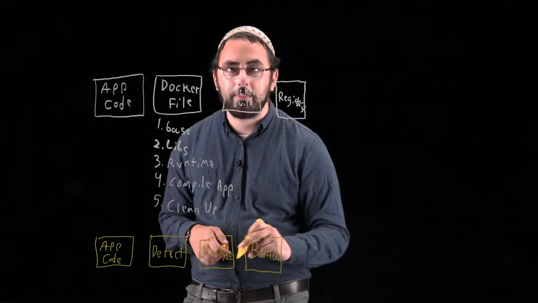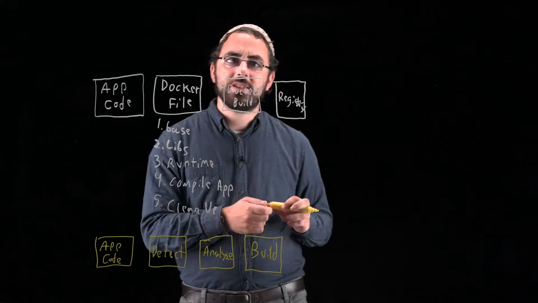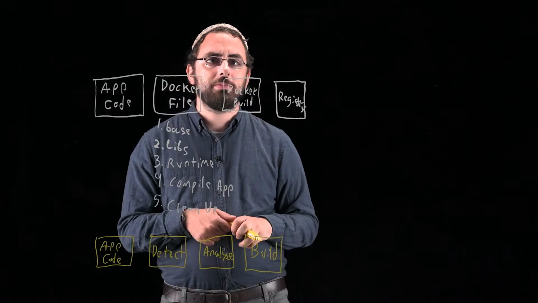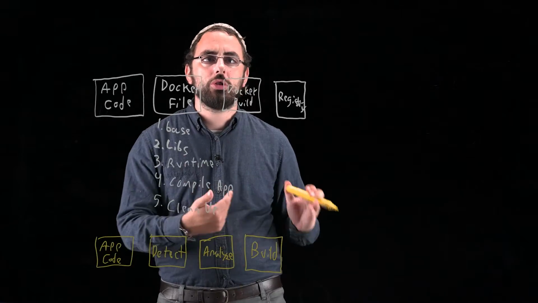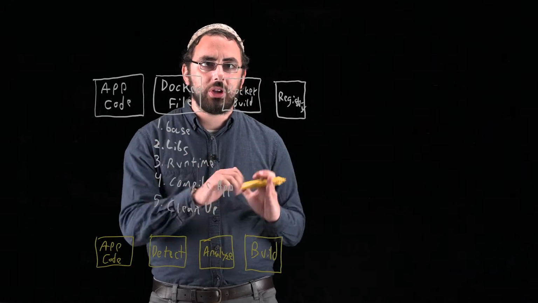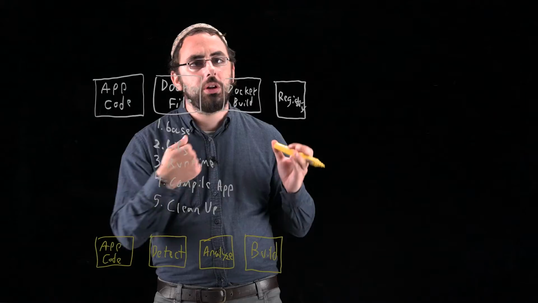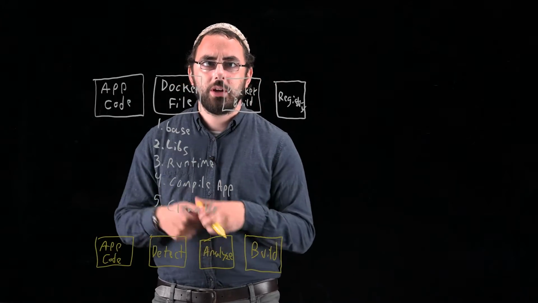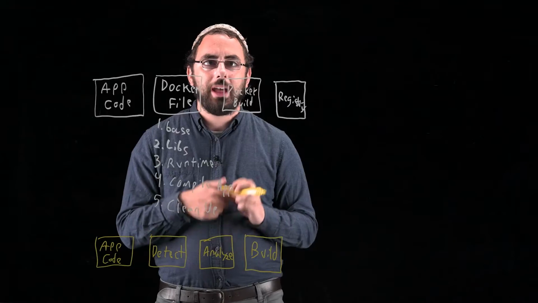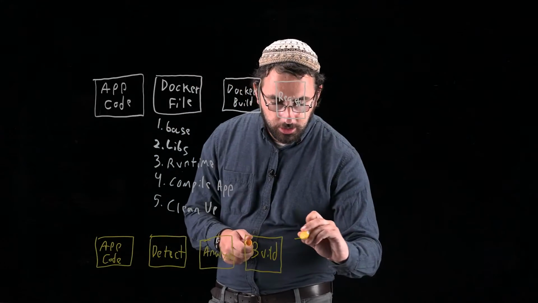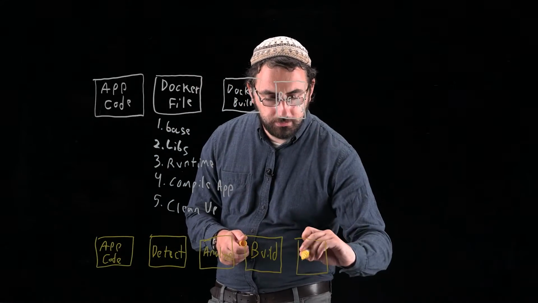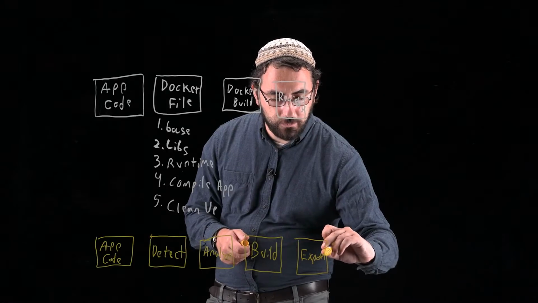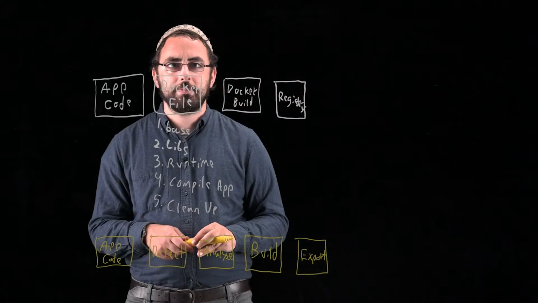And build packs will take the base image that we tell it, take our application code, and download, according to the best practices built into build packs, the requirements, the libraries and runtimes, compile our code, and in the end, it will export our container image for us that we can use.